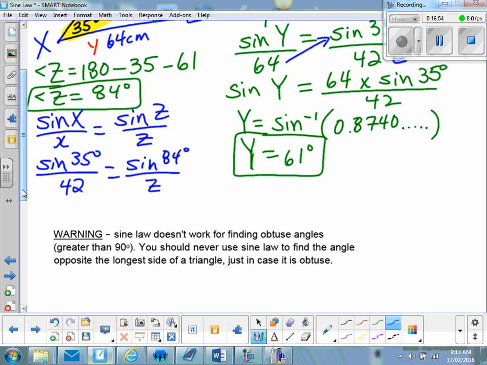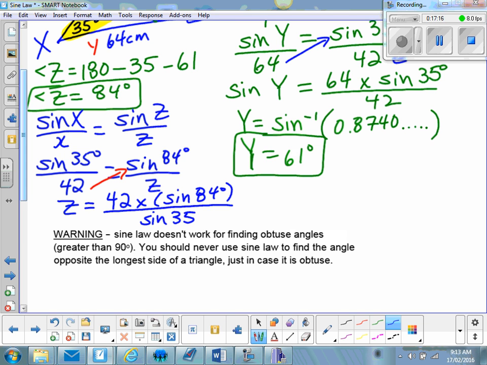So if I do my cross multiply and divide, it'll look like this. So I'm cross multiplying these two and then dividing by the other one. So it's going to be 42 times sine 84 divided by sine 35.